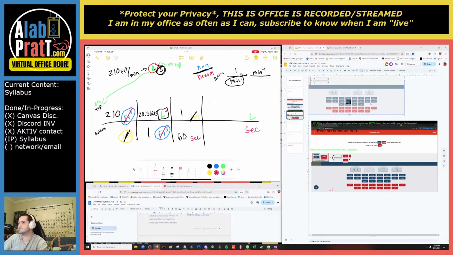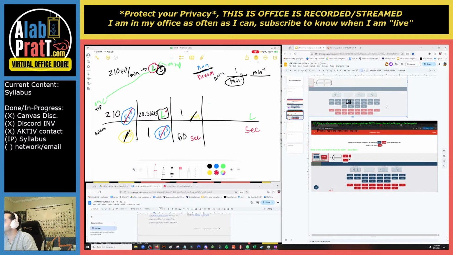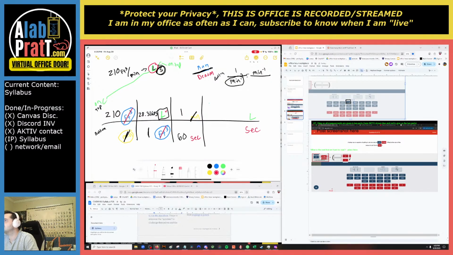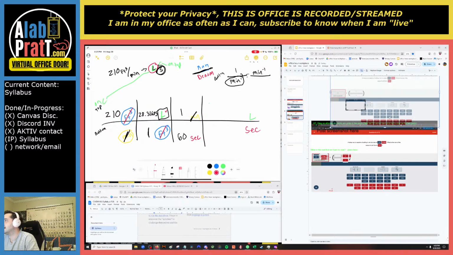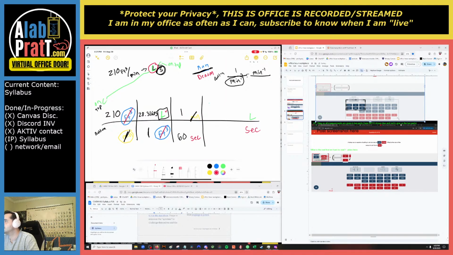How many liters? 28 point. Okay, so they don't have this conversion factor either. So they're doing it a slightly different way, and we're going to have to play their game even more. So I'll pause for a second and say, this is how I would answer it. This does give us the answer, but they want us to do something else. So let's see what we can do with what they've given us.